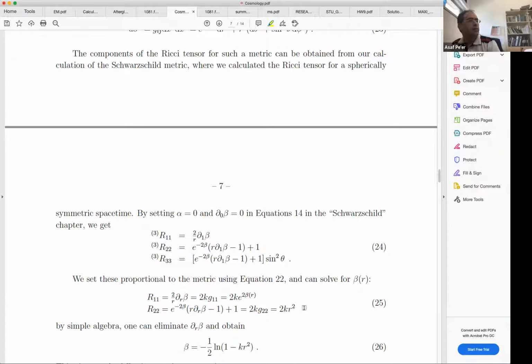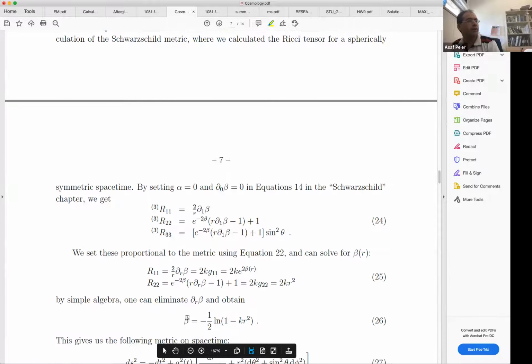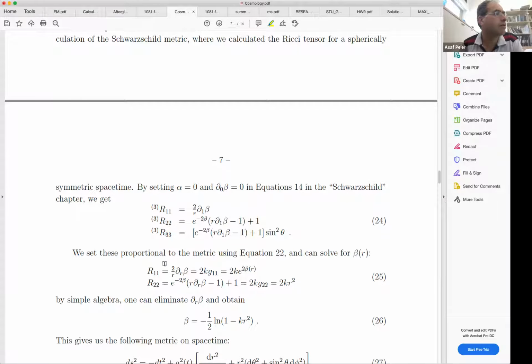So we have these two equations, which we can just plug in and solve for ∂_r β, and then we can immediately solve for β. That's very straightforward algebra. Using this, ∂_r β is just, the 2 and 2 cancel out, so it's just r k e to the power 2β.